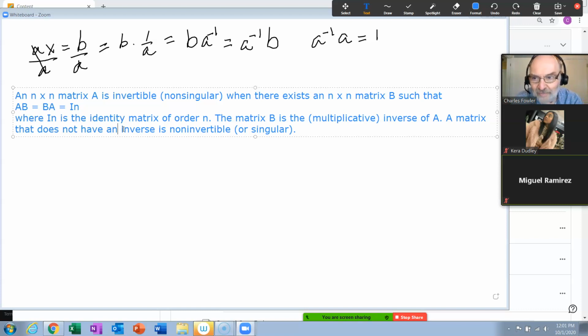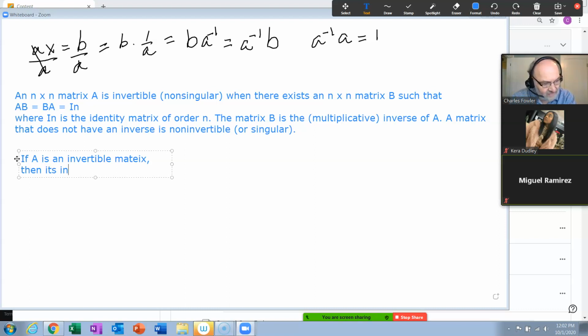Now, one more theorem here. So let's come down here and do the next theorem. Oh, that was a definition. Here's the theorem. If A is an invertible matrix, then its inverse is unique. It can't have two inverses that are different from each other.